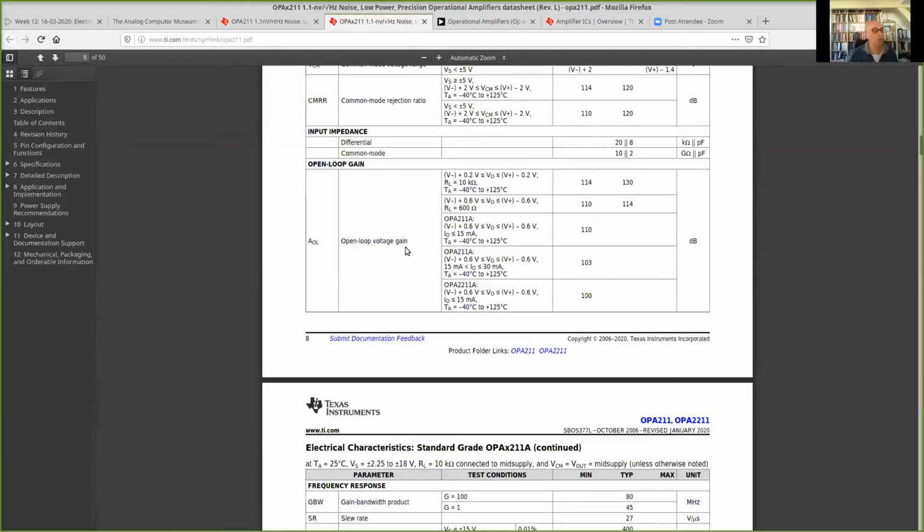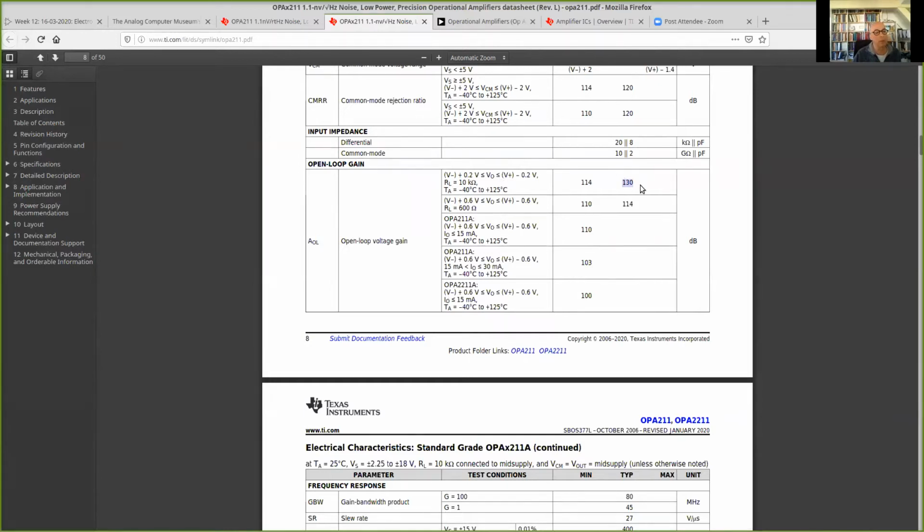And you see, it changes a little bit. If I have a 10 kilo ohm load, it is between 114 and 130 dB. If I have 600 ohm, it is between 110 and 114 dB. So let's take the typical values.